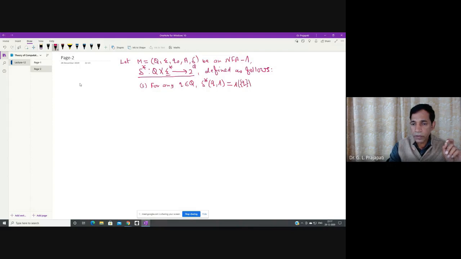Hence, you need to find the null closure of the set Q. So this is the trivial case.